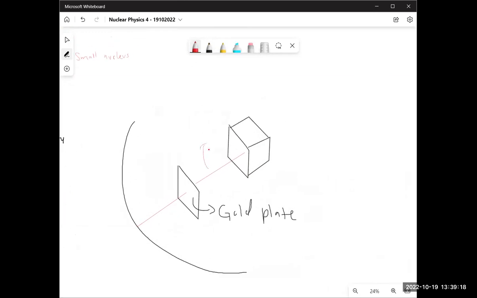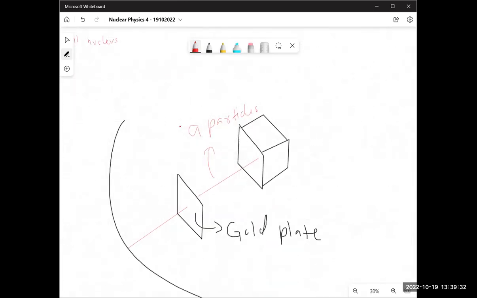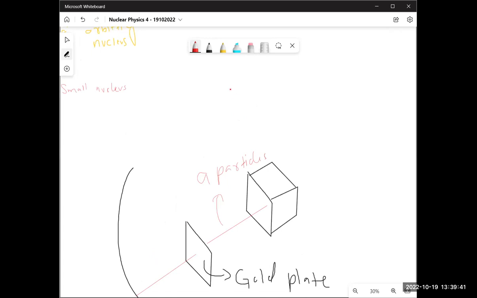These are alpha particles. Now, can you tell me the charge of alpha particles? Negative charge. Ayan, what is the charge of alpha particles?